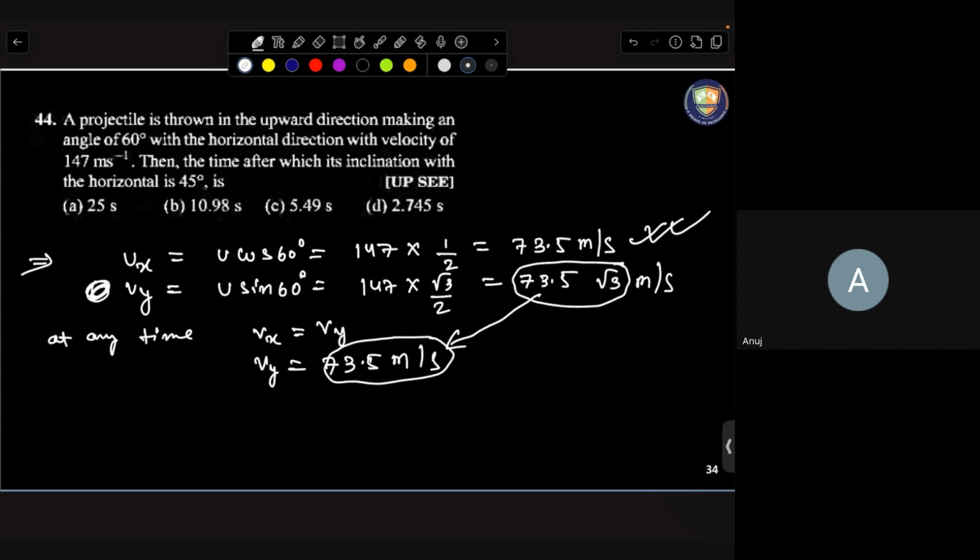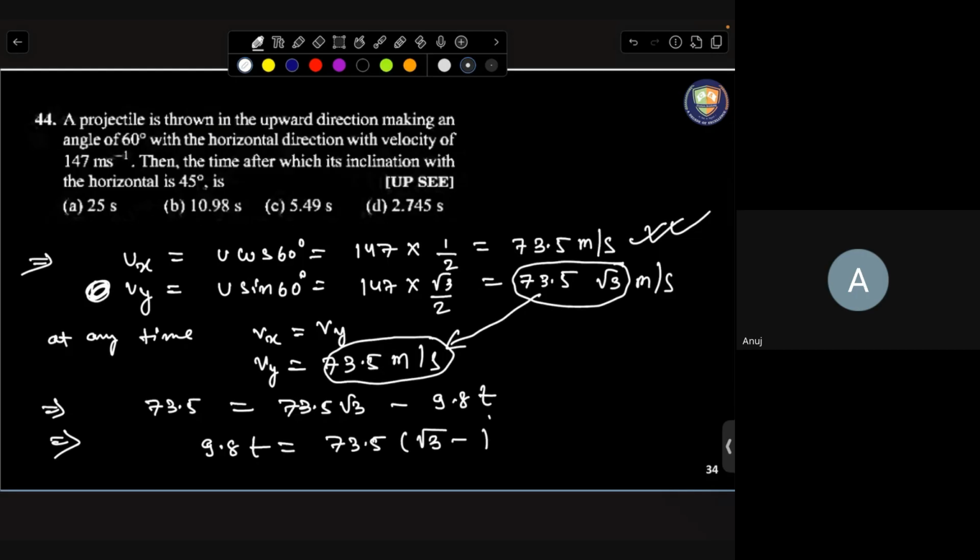We know the acceleration, we know the initial and final velocity, we just need to find the time using v equal to u plus at. So the final velocity is 73.5, u is 73.5 root 3, minus a, which is 9.8, into t. So 9.8 t is equal to 73.5 root 3 minus 1.